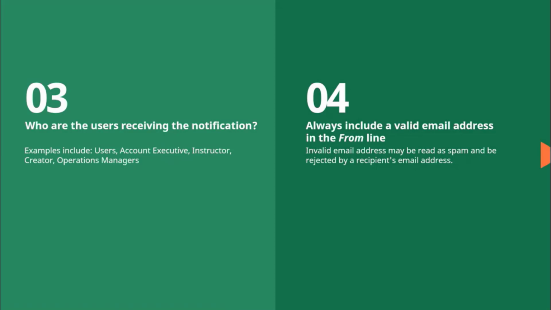When you are building it out, you have to include a valid email address in the from line. When you use an invalid email address, think of this as me sending out an email to you. If you use a fake or invalid email address, sometimes it can be rejected, and sometimes it cannot send. So we always recommend putting a valid email address on.